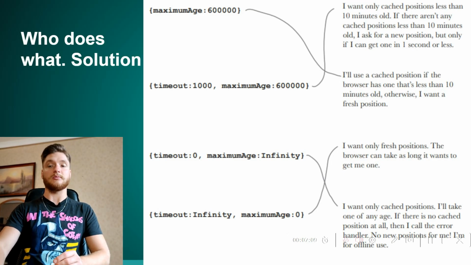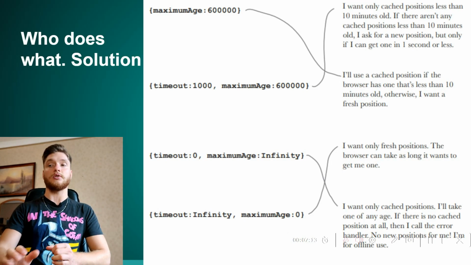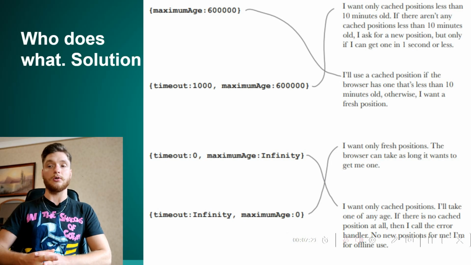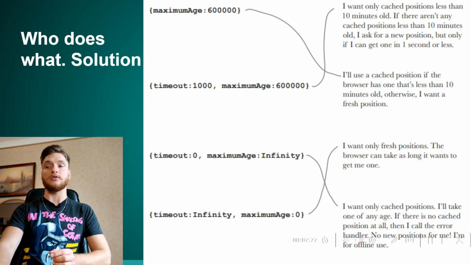Timeout 1000, maximumAge 600,000: I want only cached positions less than 10 minutes old. If there aren't any cached positions less than 10 minutes old, I ask for a new position, but only if I can get one in 1 second or less.